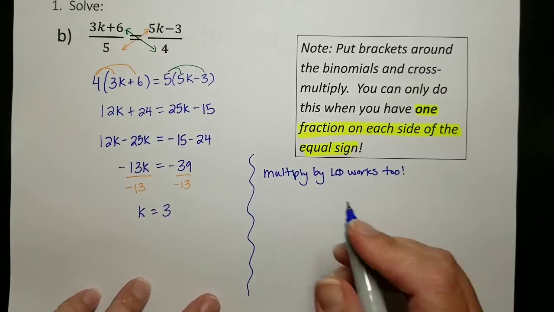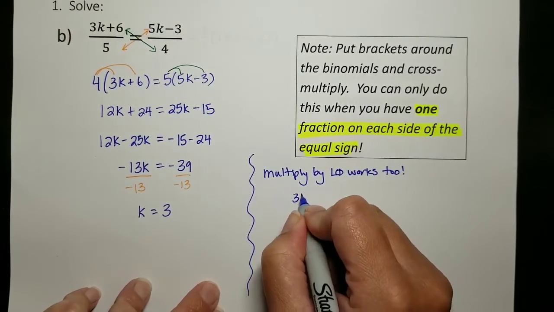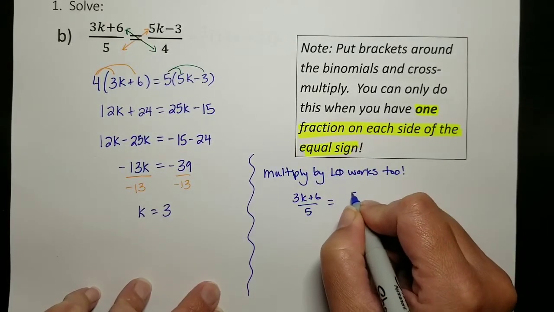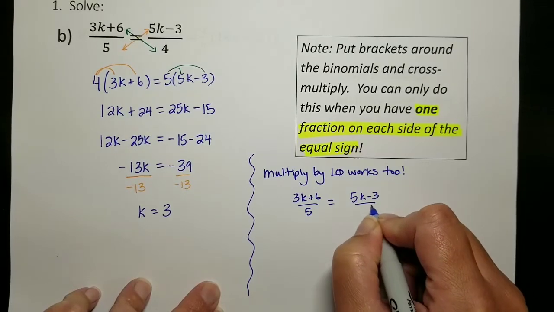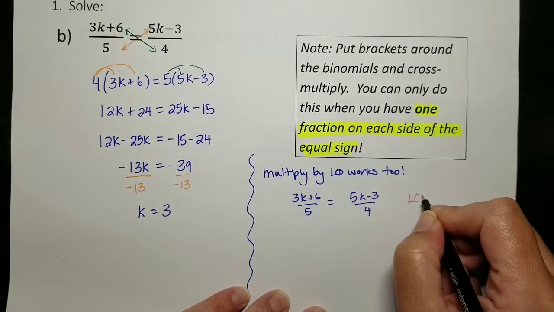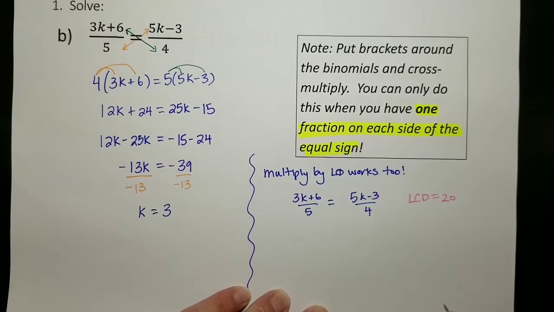If we had 3k plus 6 over 5 equals 5k minus 3 over 4. What's my lowest common denominator here? We can take a look, and obviously we'd look at the 5 and the 4 and say the lowest common denominator there is 20.